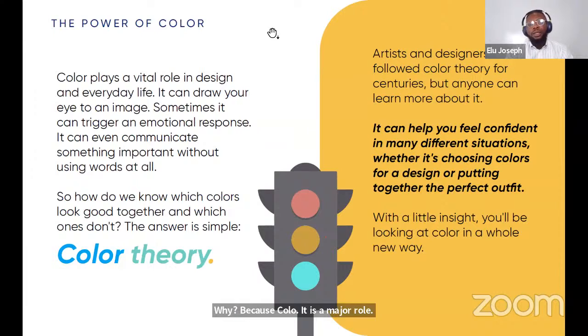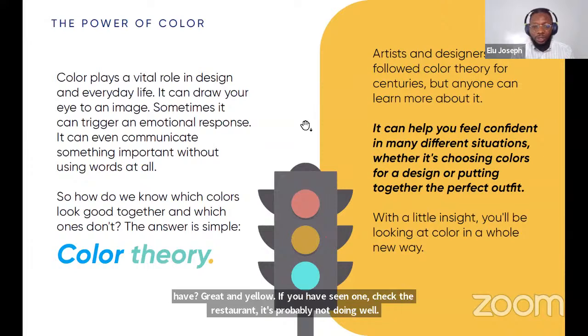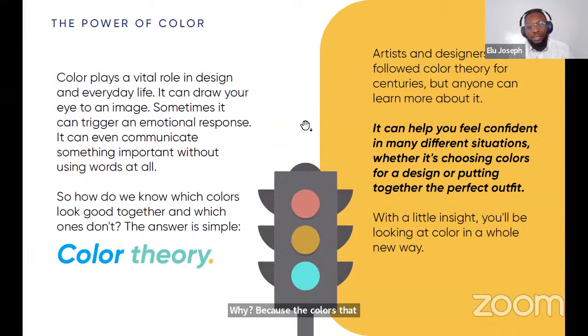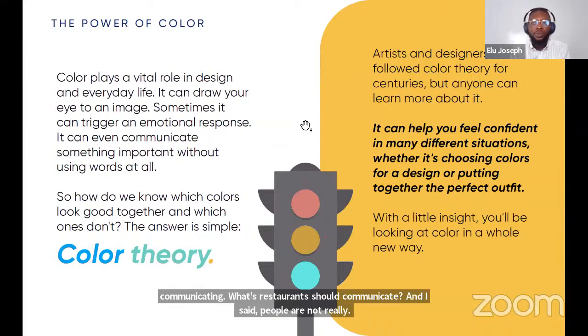Now, have you ever seen any restaurant that doesn't have red and yellow? If you have seen one, check. That restaurant is probably not doing well. Why? Because the colors they use are not communicating what restaurants should communicate, and as such, they're not getting the visibility they're supposed to get.